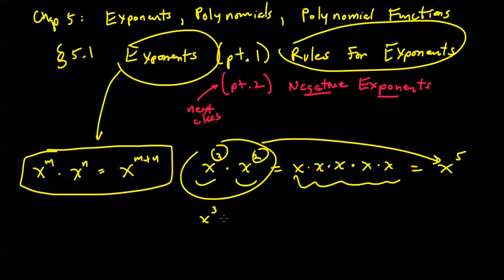So let me rewrite that. x cubed times x squared, a little less ink in this version. It's equivalent to x to the 3 plus 2 power. And with that simple arithmetic at the exponent level, I can grind out a pretty simple answer.